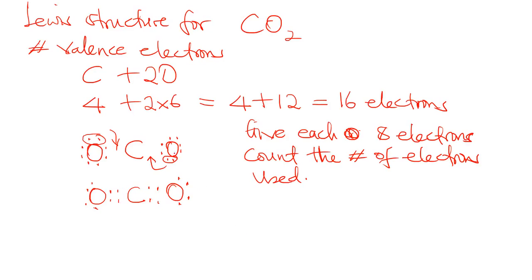So each atom in this molecule has an octet. So we are fine. So the next part is to draw a chemical bond for each pair. So I'll say O, chemical bond here, chemical bond, carbon, chemical bond, O.